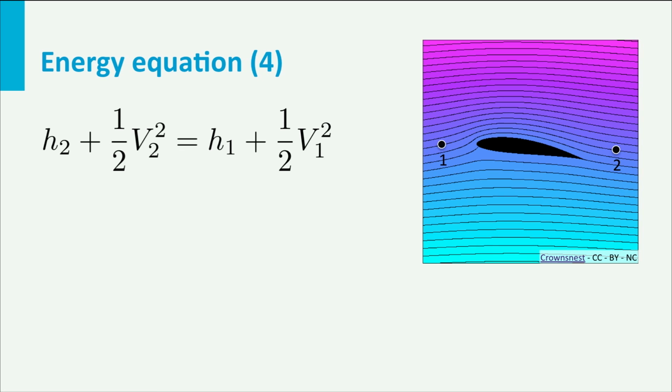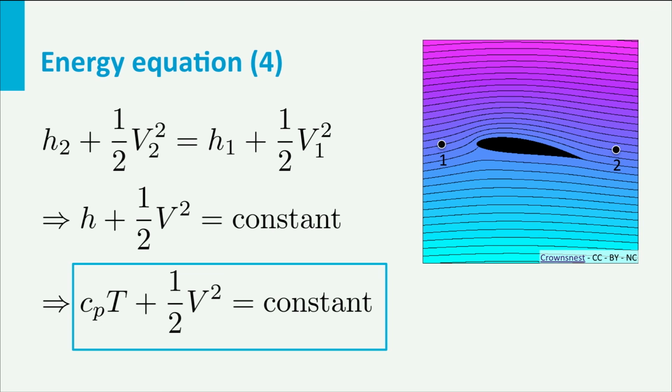And rearranging gives h1 plus a half V1 squared is h2 plus a half V2 squared, and thus h plus a half V squared is constant. Perhaps you can recall that earlier we found h is Cp times T, in which Cp is the specific heat coefficient at constant pressure. So finally we have Cp T plus a half V squared is constant, the energy equation.